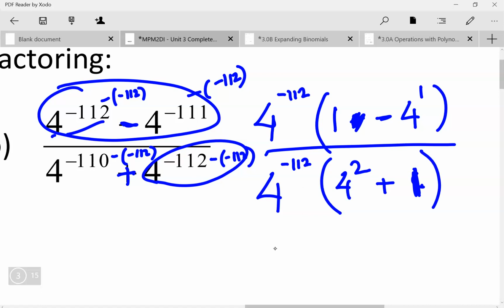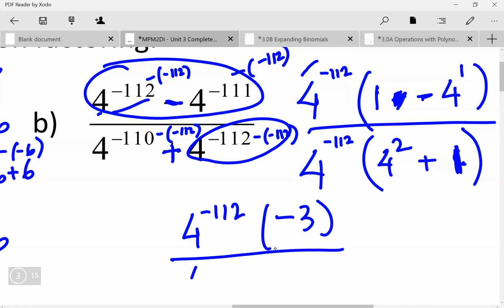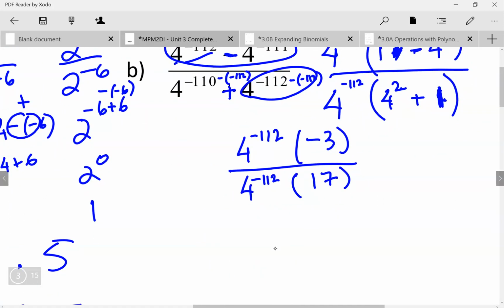And so again, you could combine it here, but I am going to write it out so that you clearly see that 1 minus 4 is negative 3. This is still 1/12. 4 squared is 16 plus 1 is 17. 1/12 minus negative 1/12 comes from moving this term up.